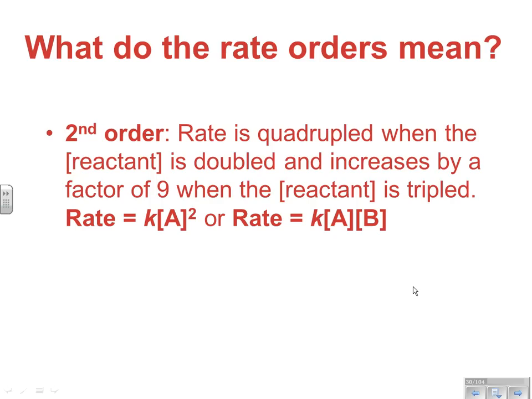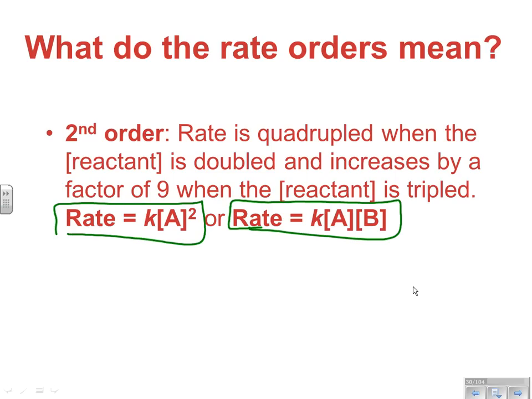So keep in mind, rate law expressions are found from experimental data 100% of the time. That's where we get them from. They are based upon experimental evidence. Otherwise, there's no real way for us to determine what the rate orders are, except to look at what the data tells us. Now, written as a rate law expression kind of depends here because now we're talking about more than one. So it could be a situation where we only have A and it's second order with respect to A, or it could be a situation where we had 2 different substances, A and B. So both of these would be overall second order relationships.